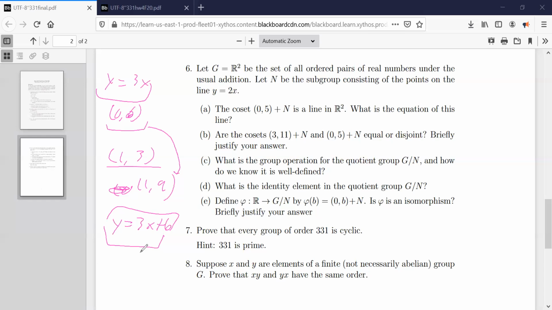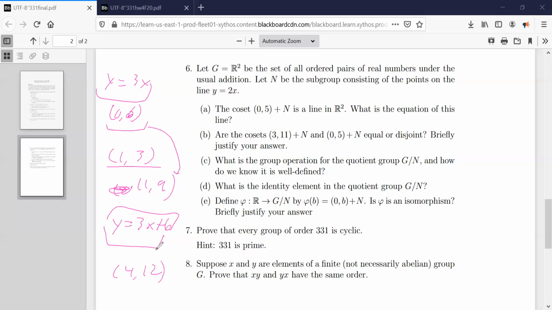Yeah. So if I were to give you another point, say (4, 12), and I wanted to know, is this in the same coset or are they in distinct cosets? What do I do? If I want to check if another point is in a given coset, what do I do?